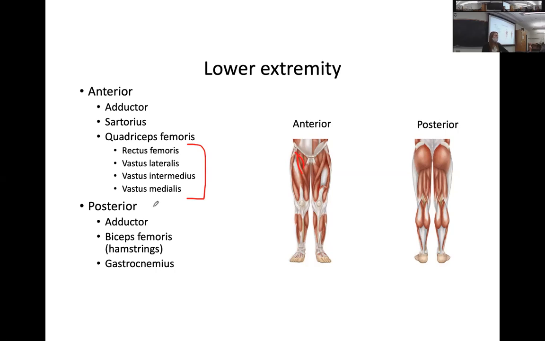Your posterior, you have your adductor, so it's allowing you to adduct, which is on the back here. You have your biceps femoris, which is your hamstrings, and you have your gastrocnemius, which is here. And that's what makes up your lower versus your upper extremities.